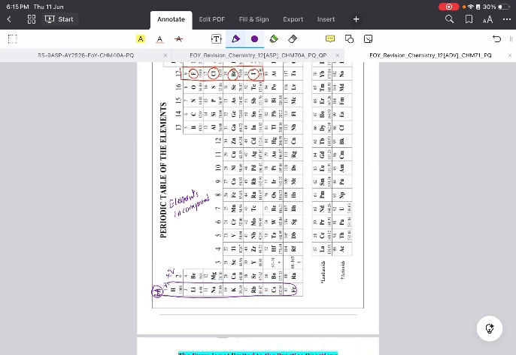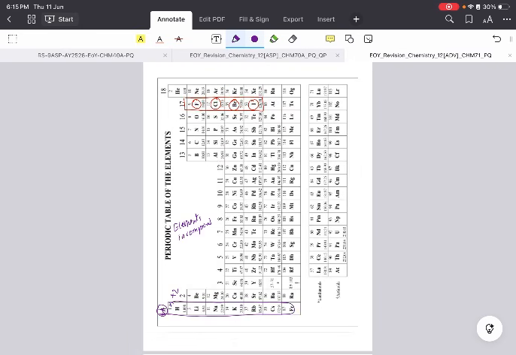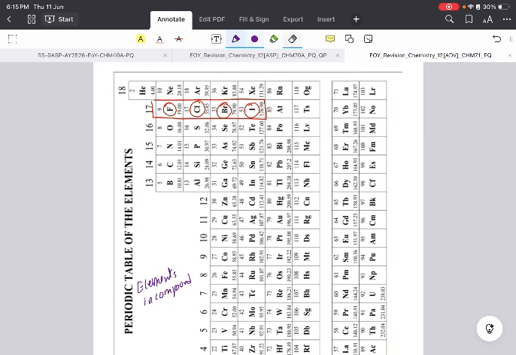Now, if I have an ionic compound, and the ionic compound is a combination of a metal and a non-metal, in this case, I can use the periodic table to determine the oxidation number of the non-metal. So group 17 will be -1. Now F is fixed.